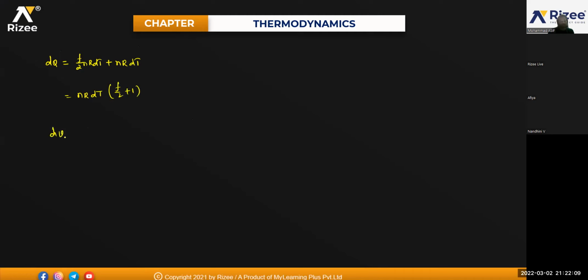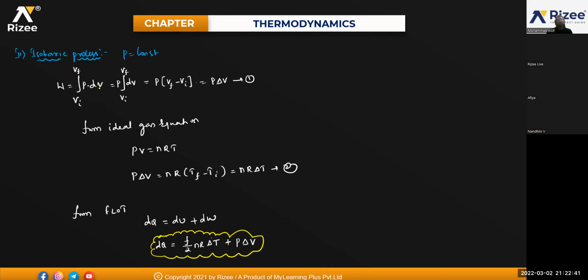So dQ will become F plus 2 divided by 2 into nR into dT. So this is your dQ. Clear? dQ is equal to F plus 2 divided by 2 into nR into dT. That is for the isobaric process.